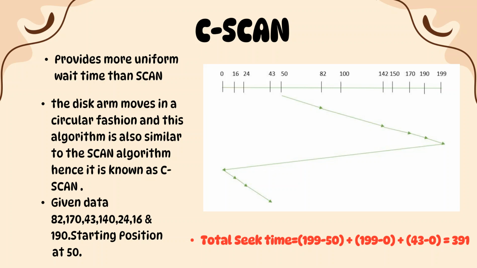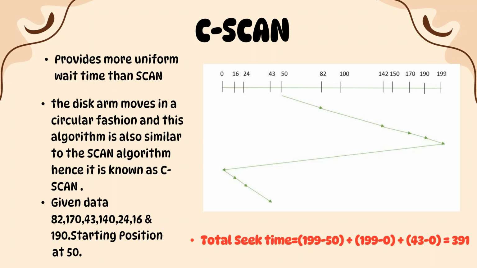The head moves from one end of the disk to the other end, and requests are serviced. When it reaches the other end, it immediately returns to the beginning of the disk without servicing any request. Here also we take the same requests: 82, 170, 43, 140, 24, 16 and 190.